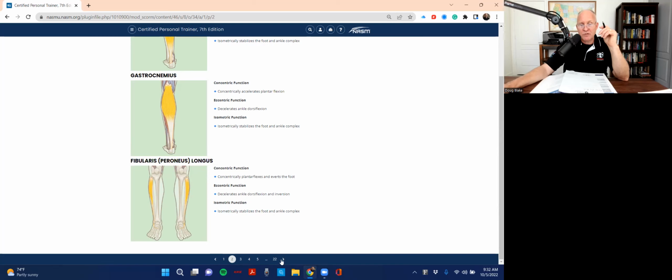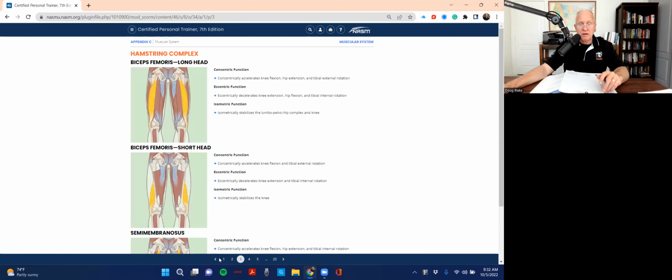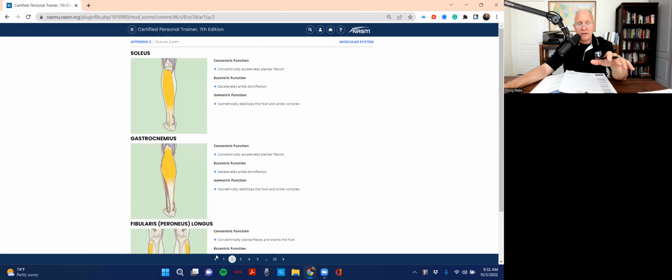So if you're having struggles with this, just write it down and say it out loud, right? Peroneus longus, fibularis longus, whichever one you want to use. Now, you'll notice that was the lower leg. If you take these areas, lower leg musculature, a little bit at a time, what were they?